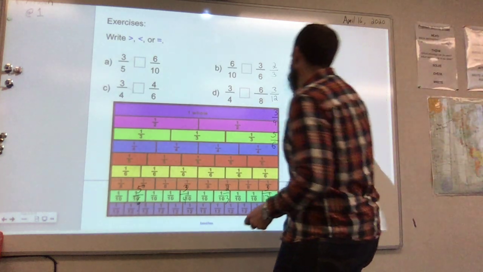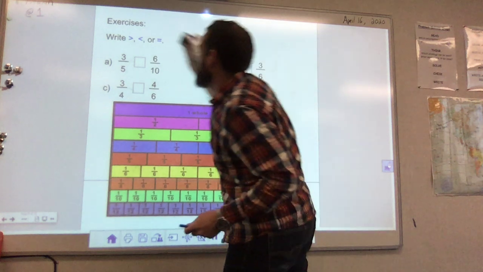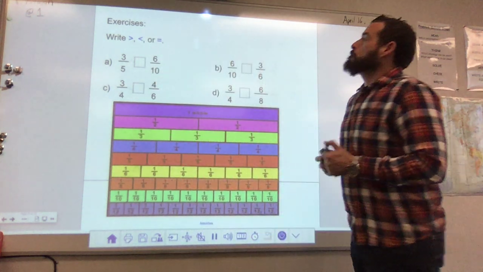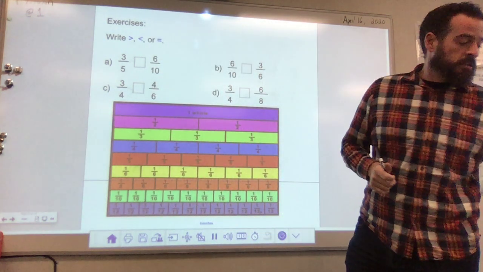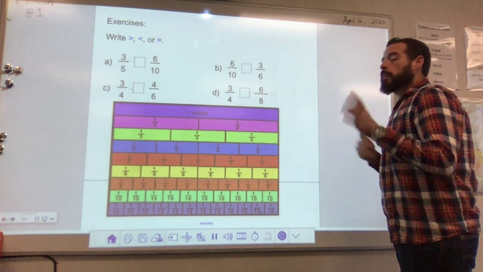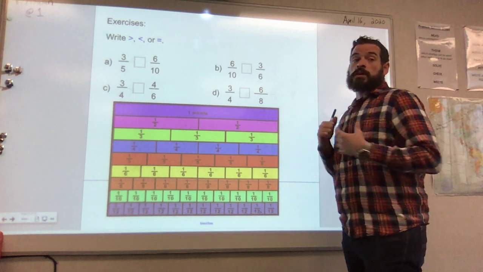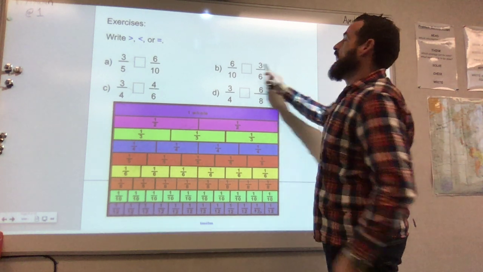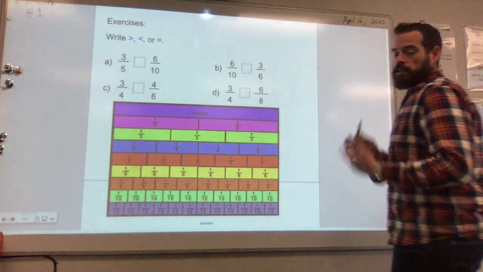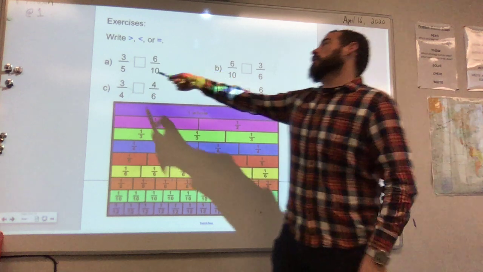Okay, so let's take a look, and I'll run through these kind of quickly. For our exercises here, it's asking to write greater than, less than, or equal to. This will kind of get in because we'll start showing that you can have fractions that are equivalent even if they have different numbers. They can still represent the same amount. So let's take a look at a 3/5. So I look at my denominator.